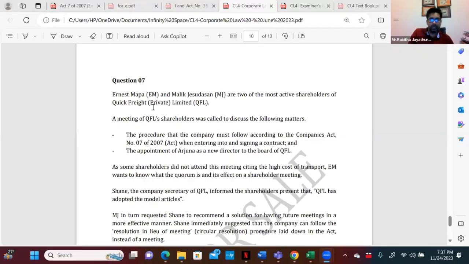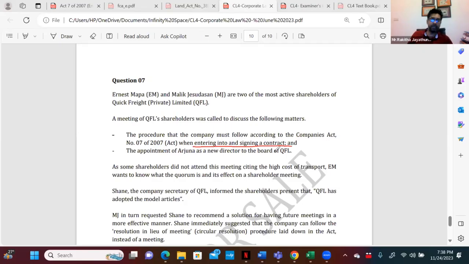Ernest Mapa, EM, and Malik Jesudasan, MJ, are two of the most active shareholders of Quick Freight Private Limited, QFL. A meeting of QFL shareholders was called to discuss the following matters. The procedure that the company must follow according to the Companies Act, number 7 of 2007, when entering into a signing a contract.